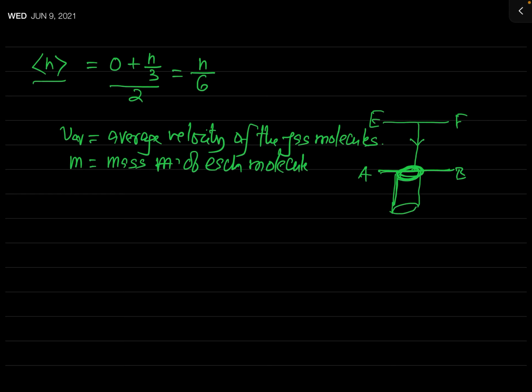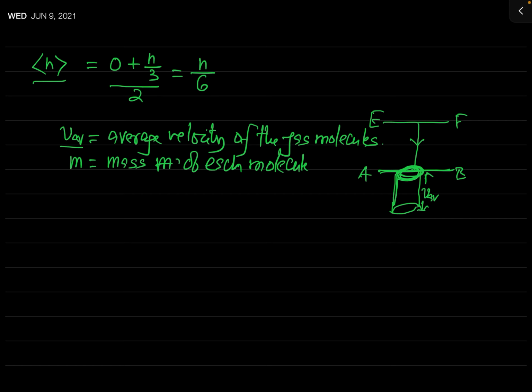Here the direction is fixed, so there is no difference between distance and displacement, and we have assumed that VAV is the average velocity of our gas molecules. So in 1 second the distance covered by these molecules will be simply equal to VAV, because distance is speed into time, and time is 1 second.